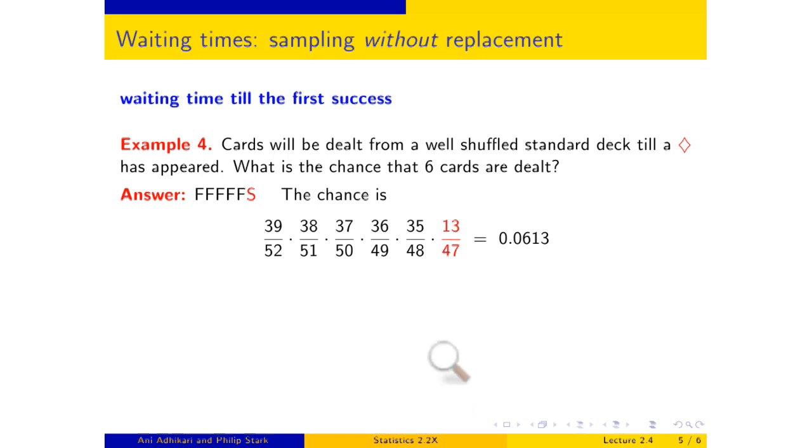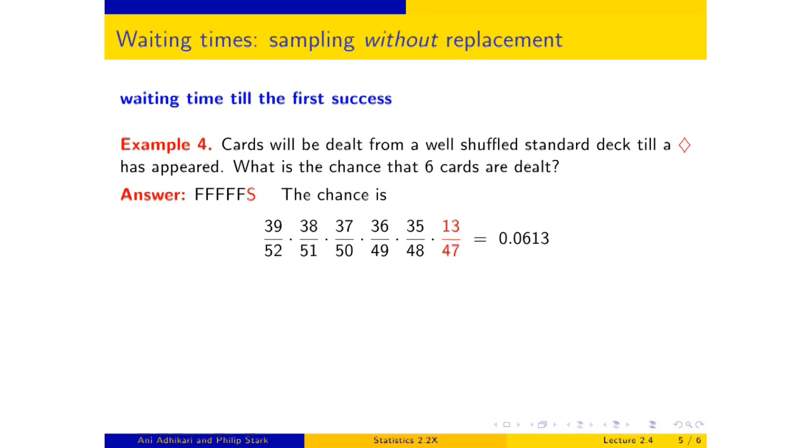Very similar to not a 6 and not a 6 and not a 6 and not a 6 and then a 6. But there, of course, the 5/6 was the same every time. And here you change your factors because you are dealing without replacement. So that is one major difference between the two calculations. The other I'd like to point out is that in the case of waiting till you got a 6 in rolling a die, in theory you could be rolling a long time.